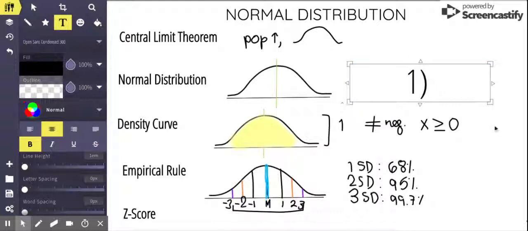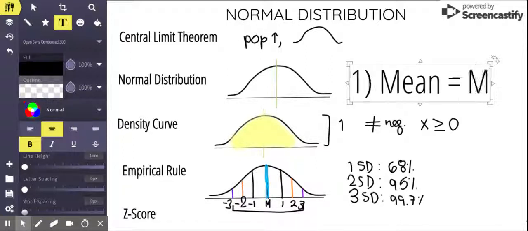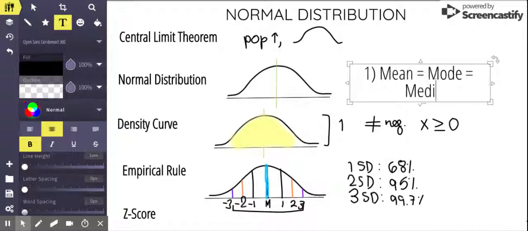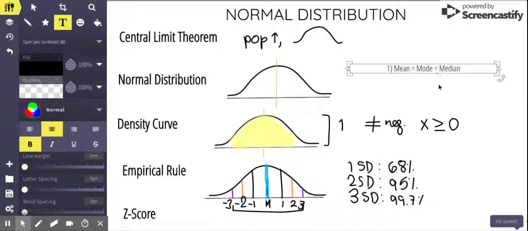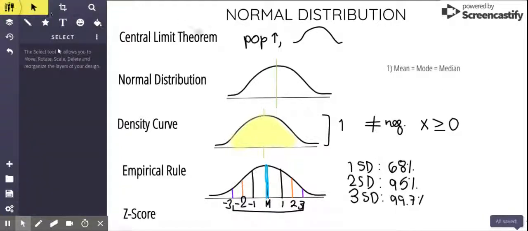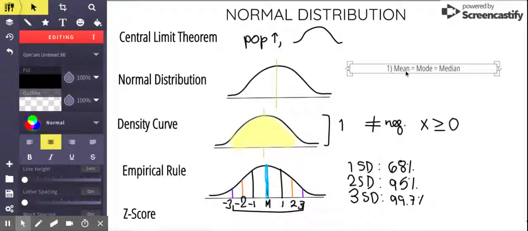My number 1 is that the mean equals the mode, which equals the median.